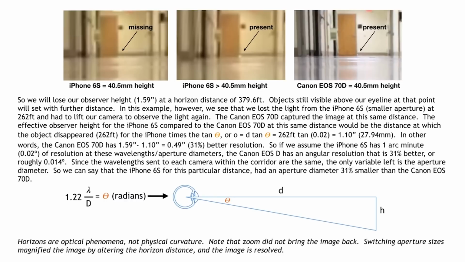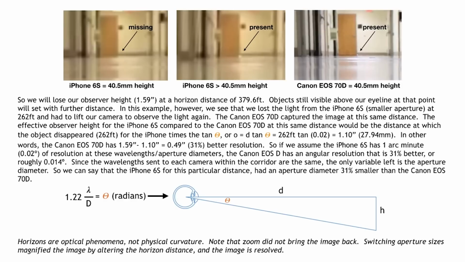Since the wavelengths sent to each camera within the corridor are the same, the only variable left is the aperture diameter. So we can say that the iPhone 6s for this particular distance had an aperture diameter 31% smaller than the Canon EOS 70D.